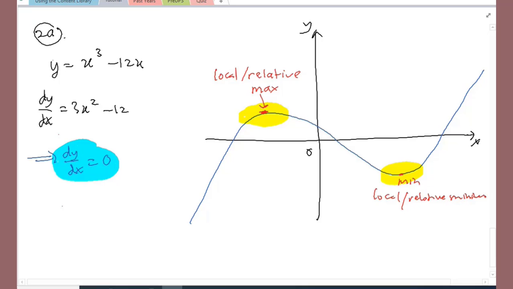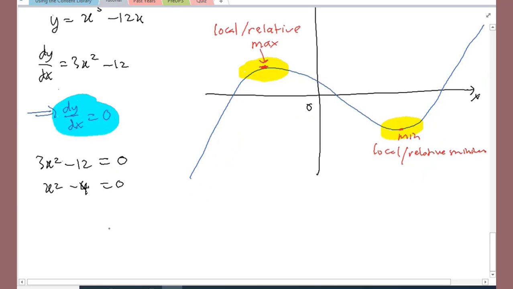So always, to find a minimum or maximum, dy/dx is equal to 0. So 3x squared minus 12 is equal to 0. This is a quadratic, so you can bring 12 to the right and find plus or minus, or just factorize. It's up to you. So x is equal to 2 or x equals negative 2. Two values for x.